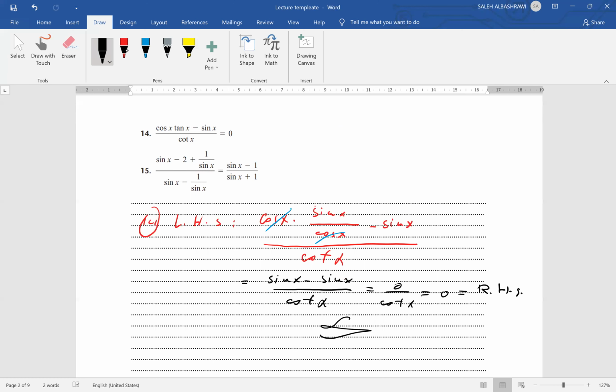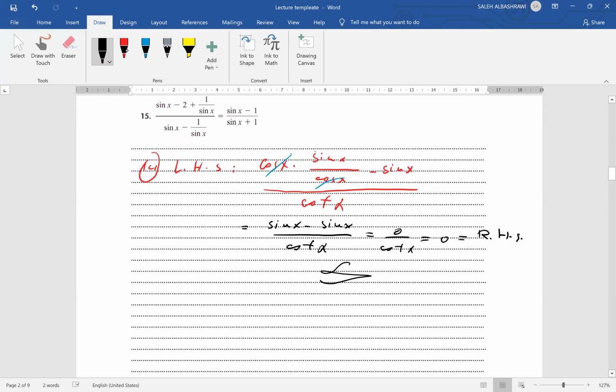Question number 15. The left hand side is given by sine x minus 2 plus 1 over sine x, divided by sine x minus 1 over sine x.